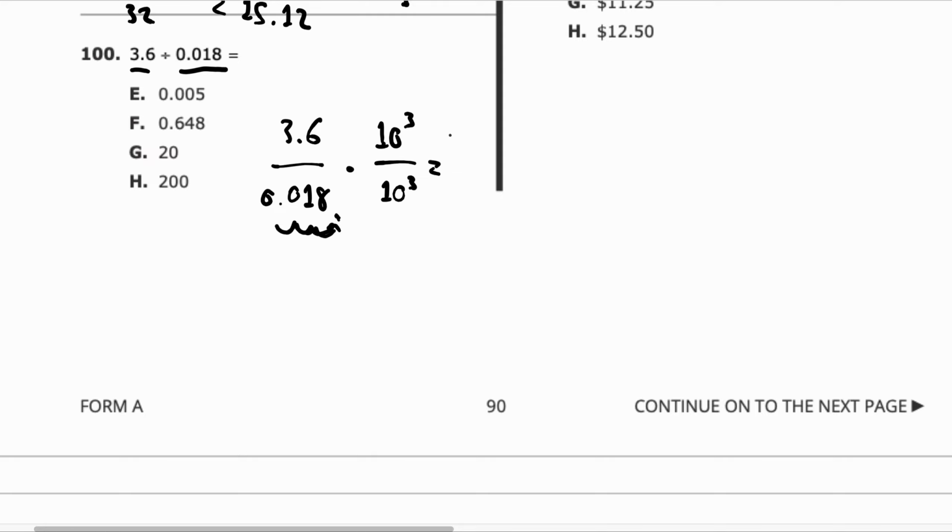So this would become 3,600, and then this would become 18. And then 3,600 over 18, or 36 over 18, is just 2, right? So we're left with 200 here.